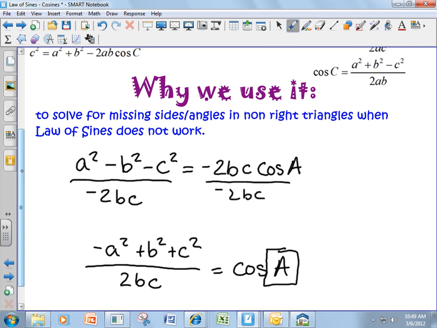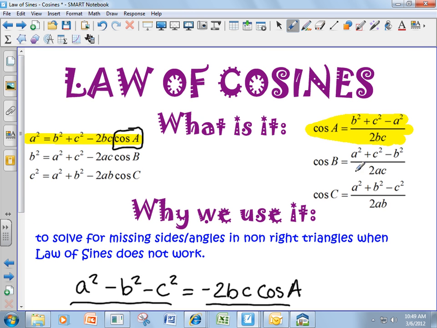So again, I know the formulas can seem a little overwhelming, but in reality they are not that difficult to figure out if you can look for the pattern, and if you realize that you can take this one and work it backwards for the cosine of A, you would know how to get all 3 of these as well. Hopefully that helps, and as you work with these formulas a little bit more frequently and on homework, I think you'll start to realize that it's not that bad.